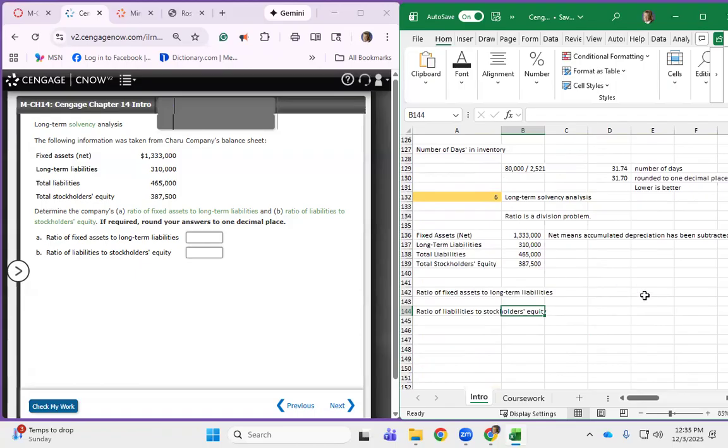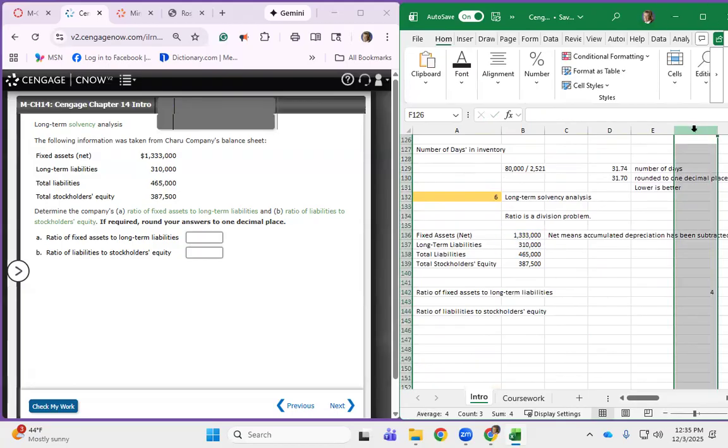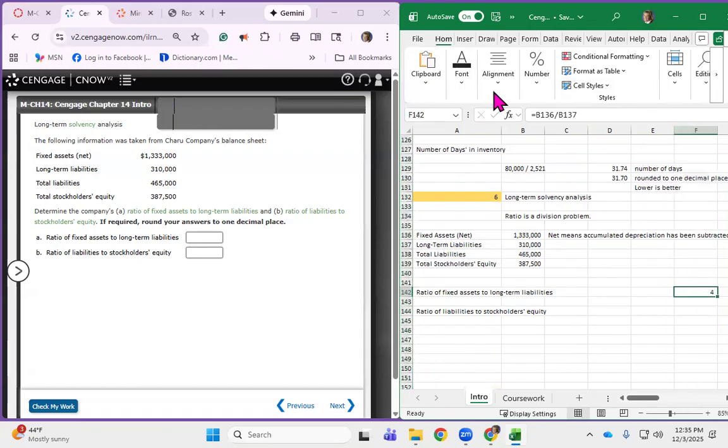All right, so back down here we go. I am going to put this number out here, and then I'm going to show the calculation like I've been doing. So the first one is the fixed assets divided by the long-term liabilities. You're going to get a number, but you're going to need to go beyond a decimal here, so I'm going to do two.